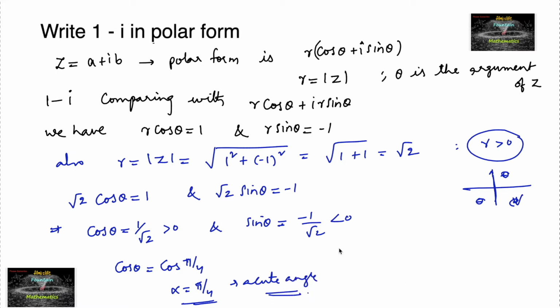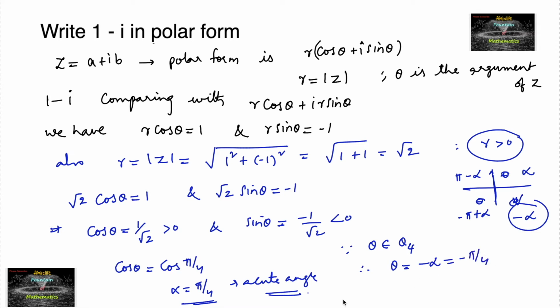And hence, since theta belongs to the fourth quadrant, let me tell you here: if it is in the first quadrant we take alpha, in the fourth quadrant we take minus alpha, in the second quadrant we take pi minus alpha, and in the third quadrant we write minus pi plus alpha, where alpha is a positive acute angle. So theta belongs to the fourth quadrant, therefore theta is equal to minus alpha, that is minus pi by 4.